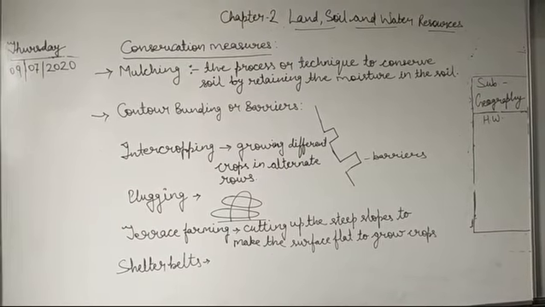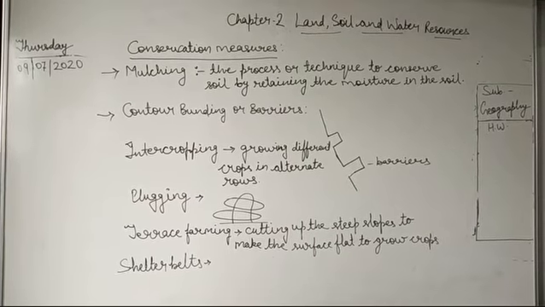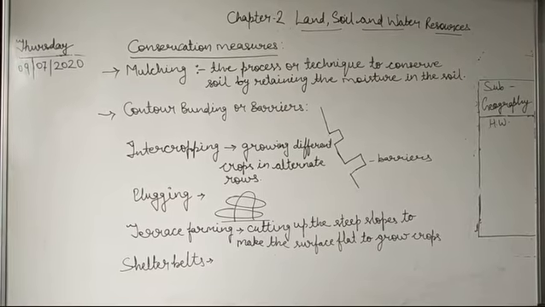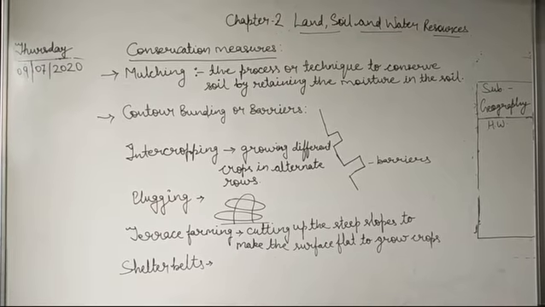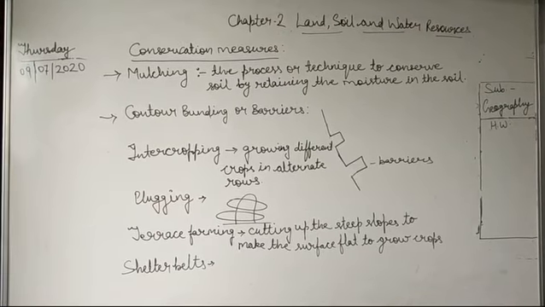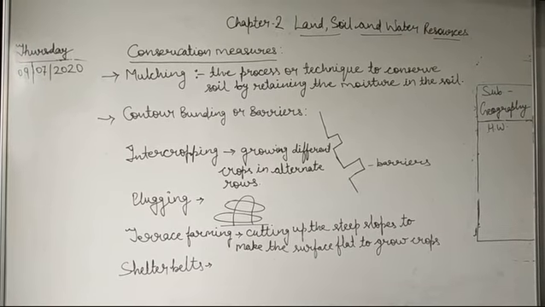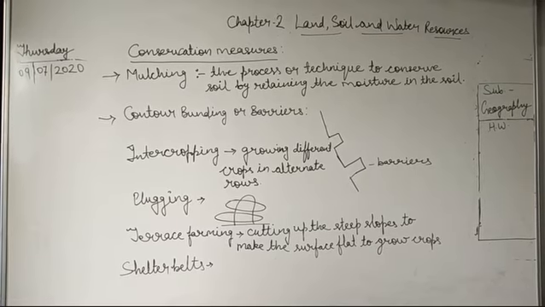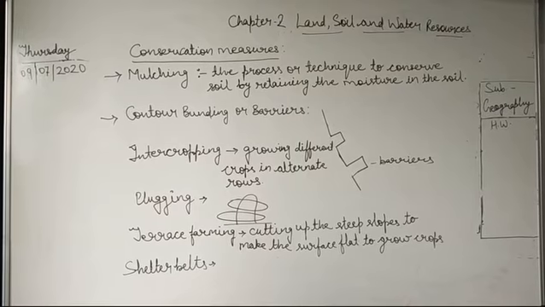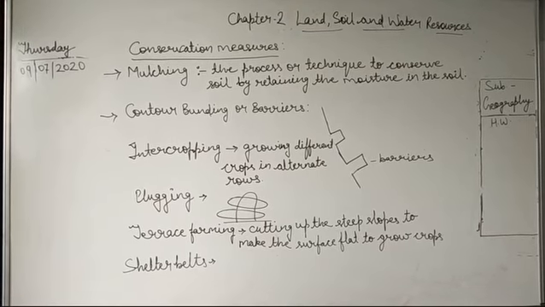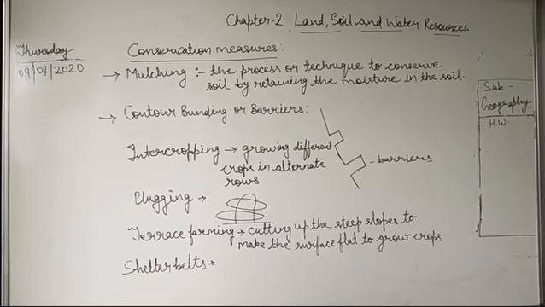Have a look at the line which I have drawn: contours are imaginary lines connecting places that lie at the same altitude. The stones are placed as a barrier, so the water coming from the upper side does not take the soil along and gets slowed. This way of preventing soil erosion is called contour barrier.